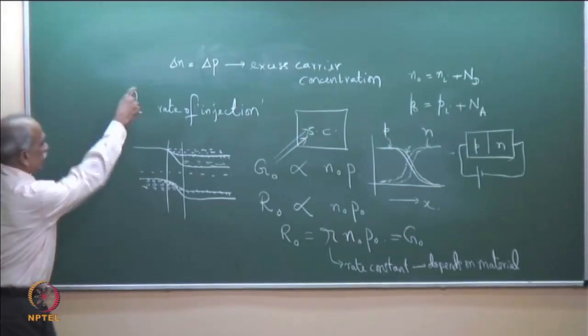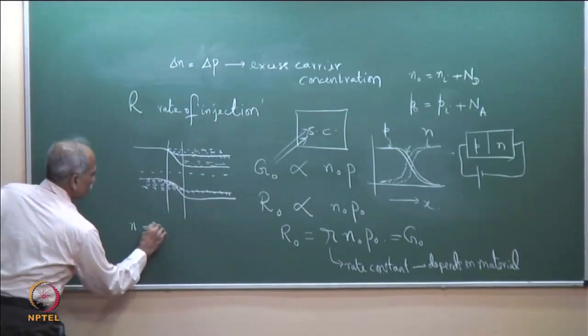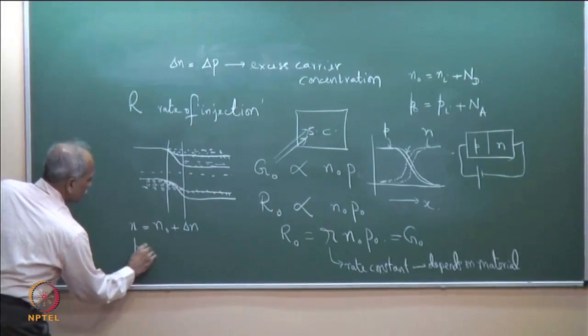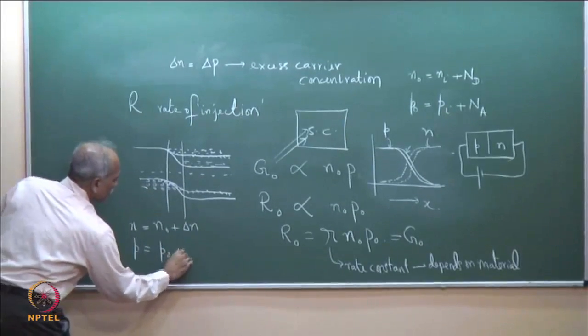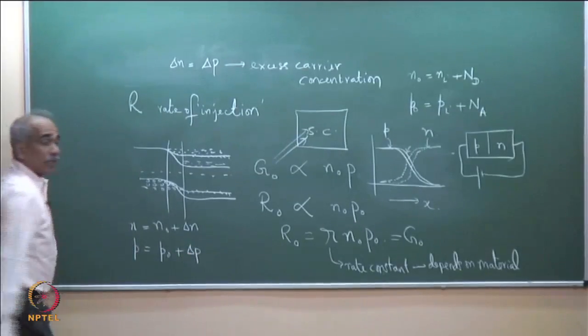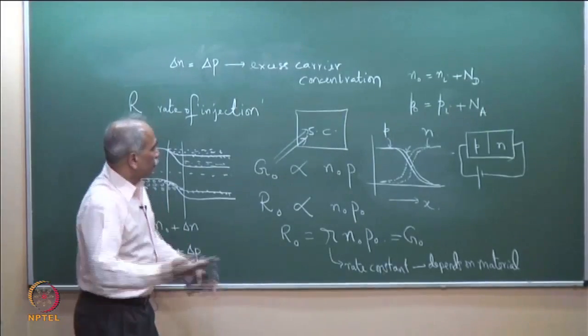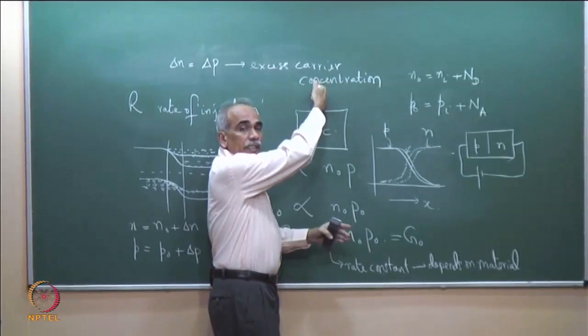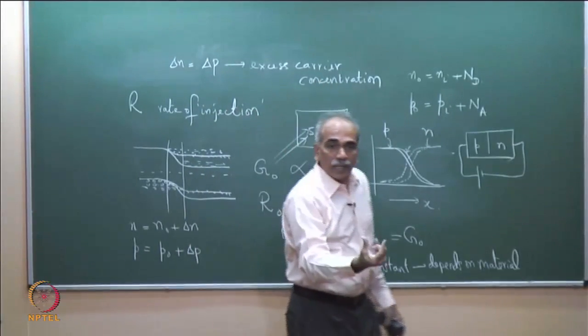Then I have N is equal to N0 plus delta N and P is equal to P0 plus delta P. Delta P is equal to delta N. If you think of light generating, then also for every electron generated here, one hole will be left behind.